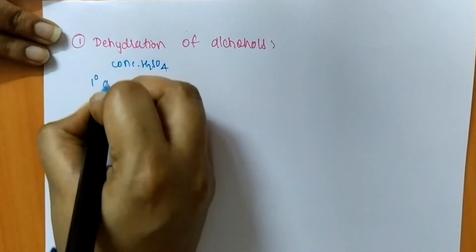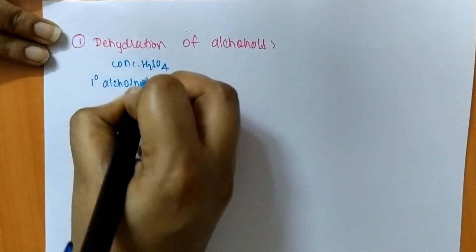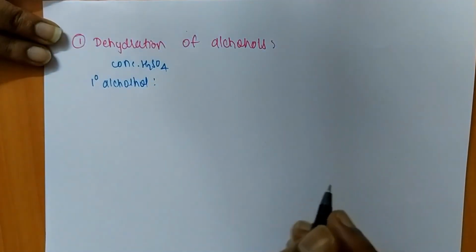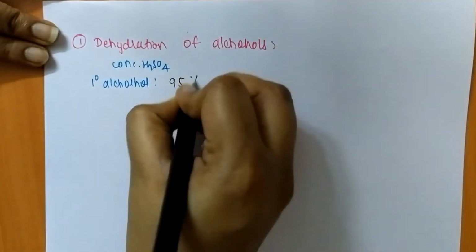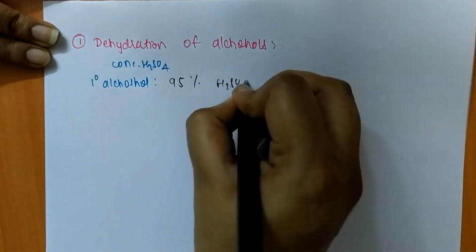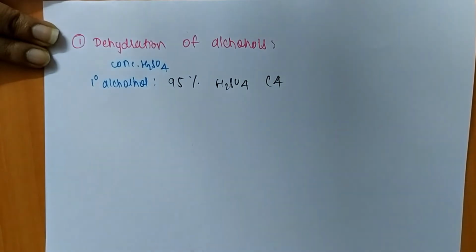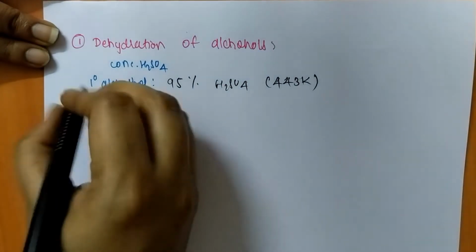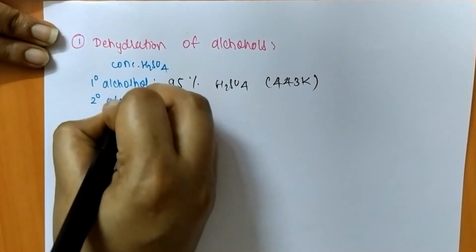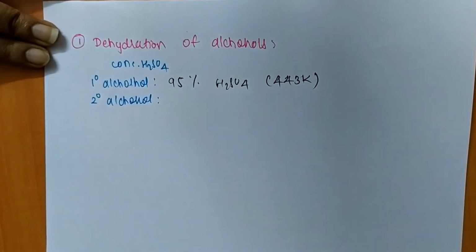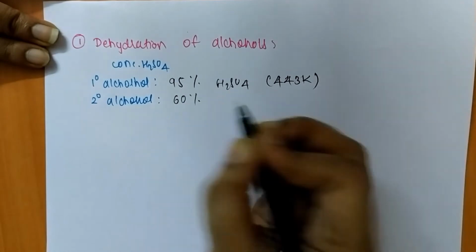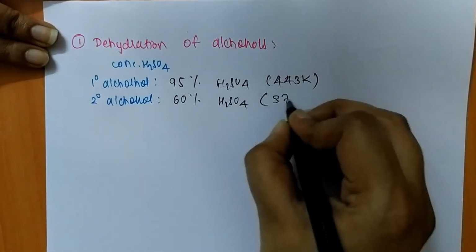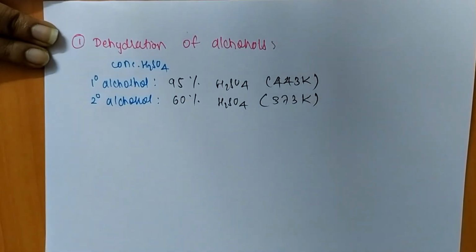Now if we are using a primary alcohol, then we will use 95% sulfuric acid at 443 Kelvin. If we are using a secondary alcohol, then we should use 60% sulfuric acid at a temperature of 373 Kelvin.